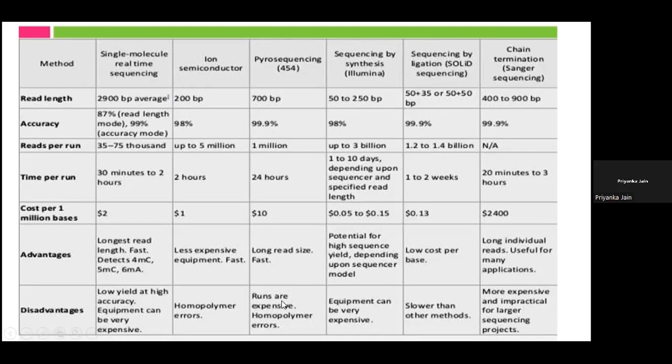Then pyrosequencing has almost become obsolete now, which was very expensive, and homopolymer errors were there. And Illumina is also an expensive sequencing experiment. Not every lab can afford it. And SOLiD is a slower method, and chain termination Sanger is impractical for larger sequencing projects.